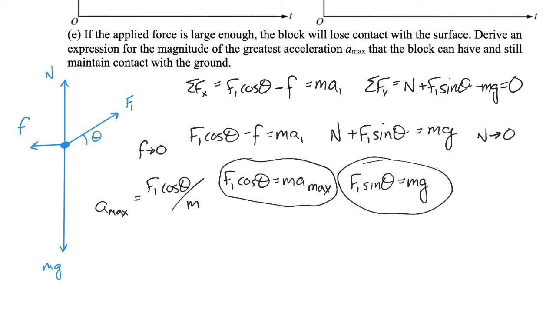But I'd also hope that you would eliminate F1 here to recognize you get an expression for the acceleration that has nothing to do with how hard you pull on the box, which should seem weird since it's going to matter how hard you pull on the box. But it actually gives us a different expression. So that's what I want you to do. We're going to eliminate the F1 by doing F1 sine theta divided by F1 cosine theta equals mg divided by ma.